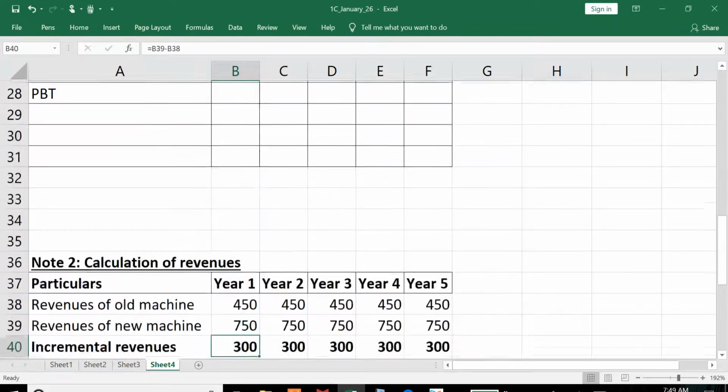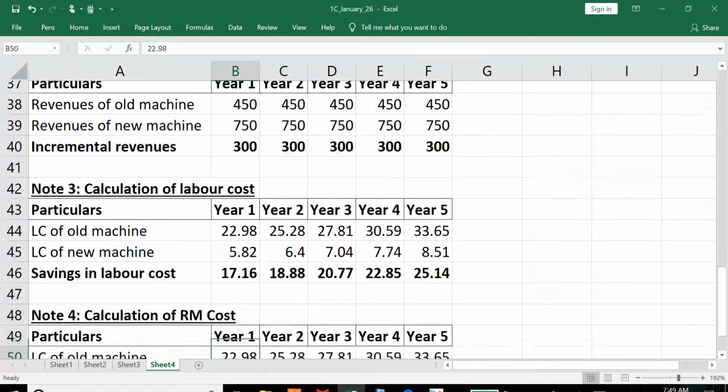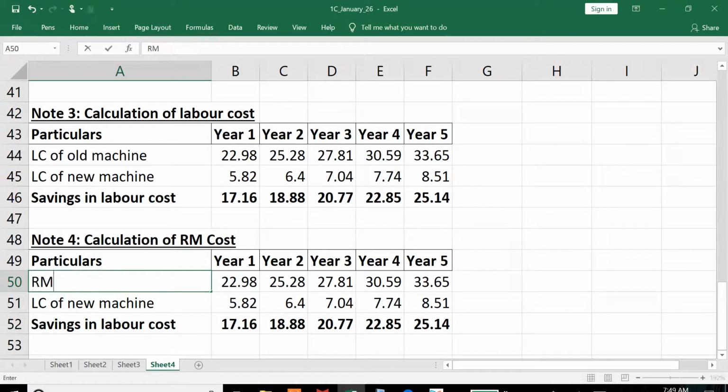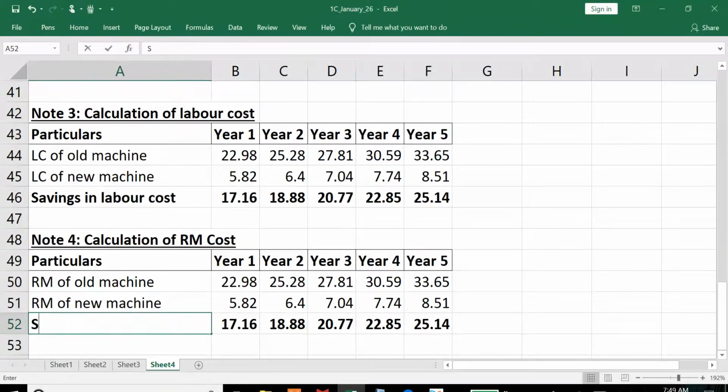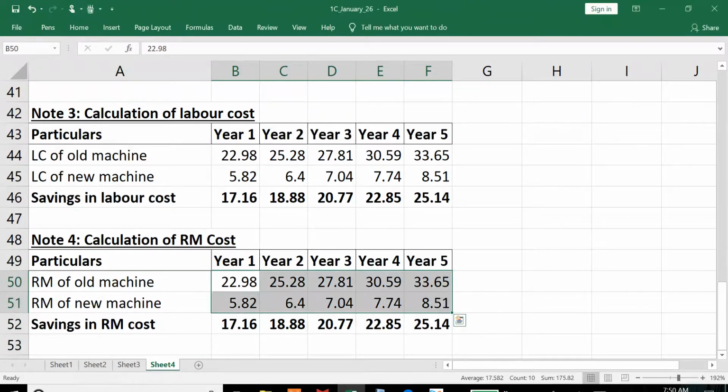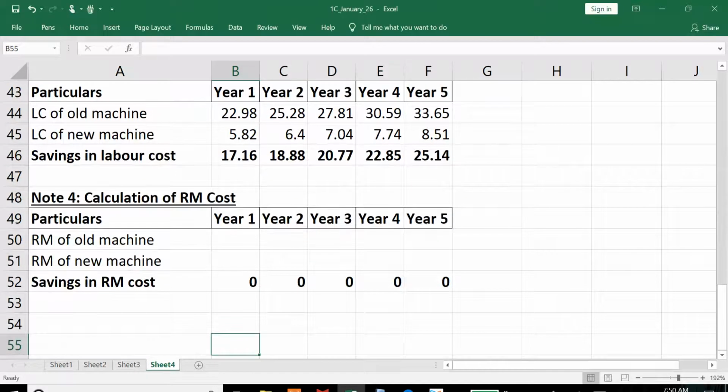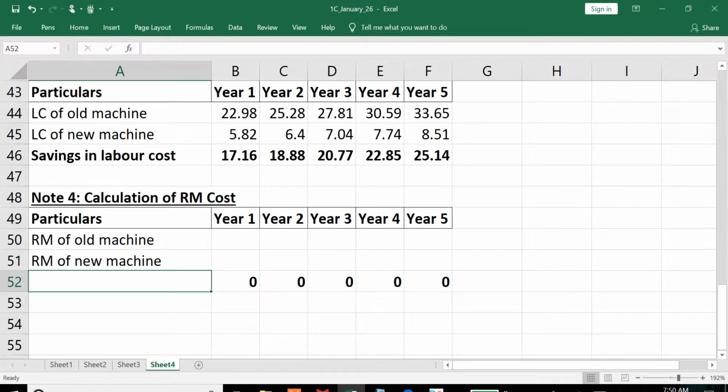Calculation of raw material cost: RM of old machine, RM of new machine, and savings in RM cost. We don't know yet whether it will be savings or extra cost.